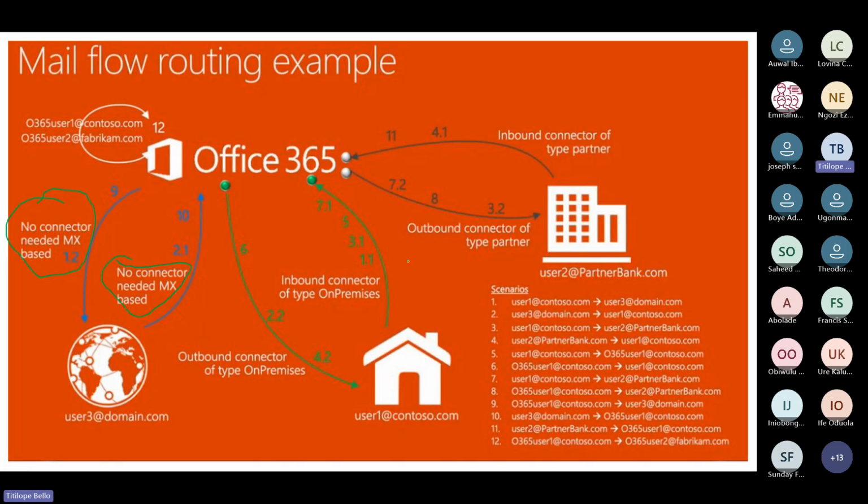Now, coming to this side, we have an on-prem Exchange organization that is sitting right here. We have a few users here, and a few users are also in the cloud. So that means there is even something here: a domain existing in two places.